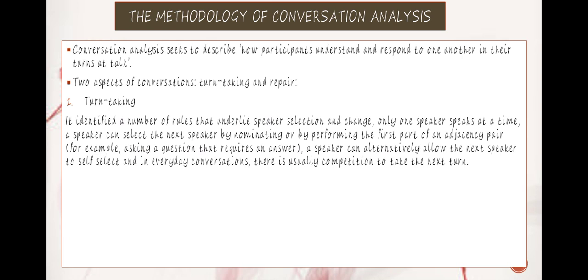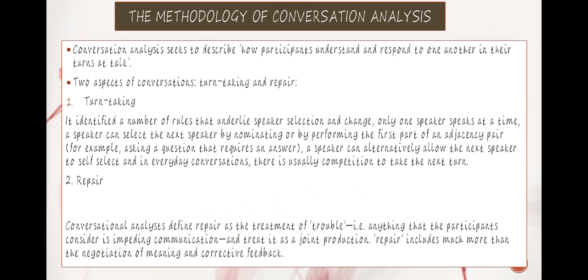Turn-taking identified a number of rules that underlie speaker selection and change. Only one speaker speaks at a time, and a speaker can select the next speaker by nominating or by performing the first part of an adjacency pair. And then the second aspect is repair.